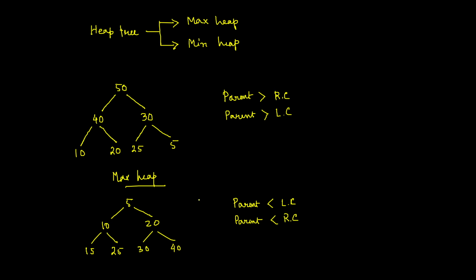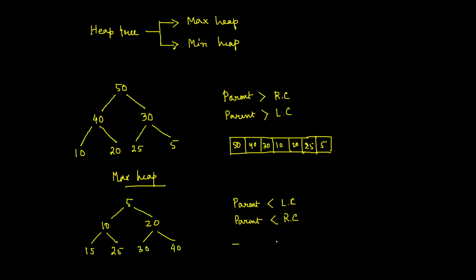So what I can find out from these two different cases, if I just put them in say an array, okay, so what will be the data over here? Here we will have 50, then 40, then 30, then in this side we will have 10, then 20, then 25, then 5.